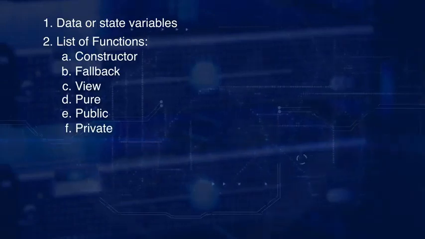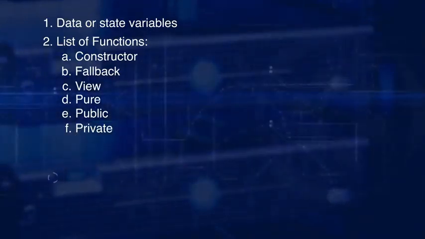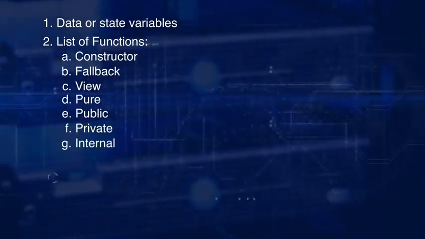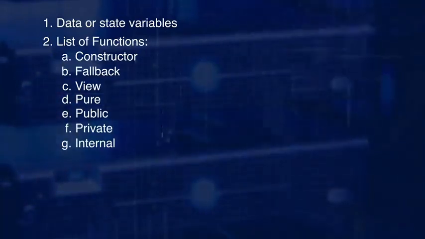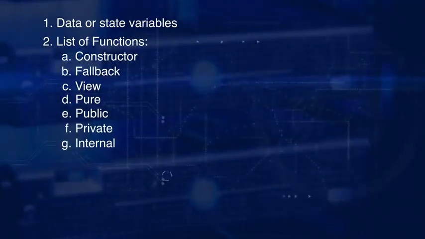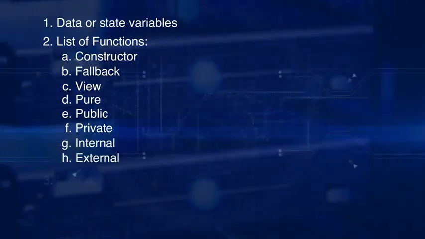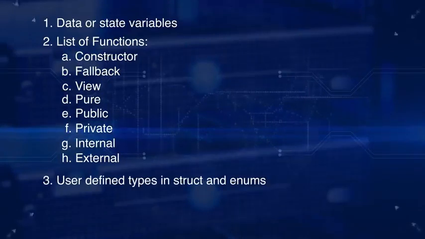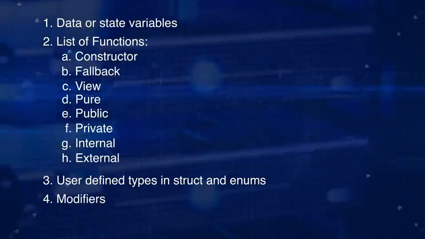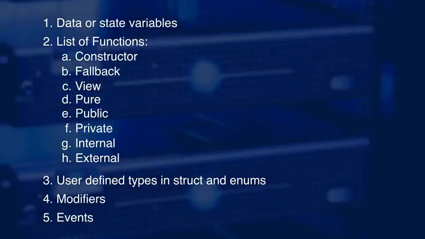Private function, accessible only within the current contract. Internal function, accessible inside the current contract and inherited contracts. External functions can be accessed only from outside the smart contract. User-defined types, structs and enums, modifiers, and finally, events.